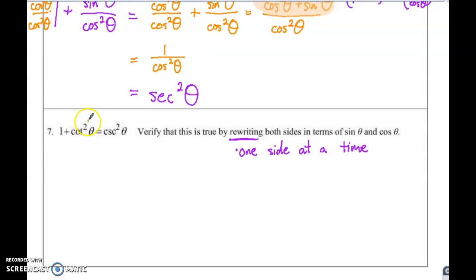So that's my advice. So as I've laid out these options for you, I would rewrite cotangent squared as cosine squared over sine squared. And the work is very similar. So then, just like the work up here, I'd rewrite 1 as sine squared over sine squared.